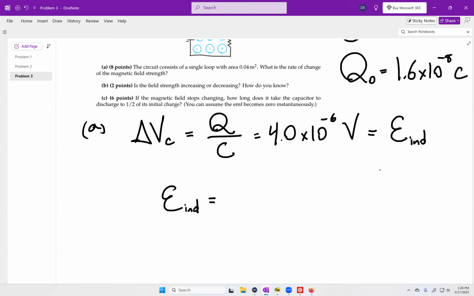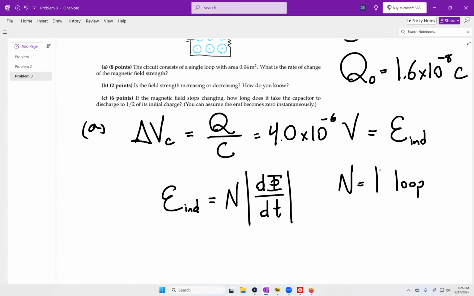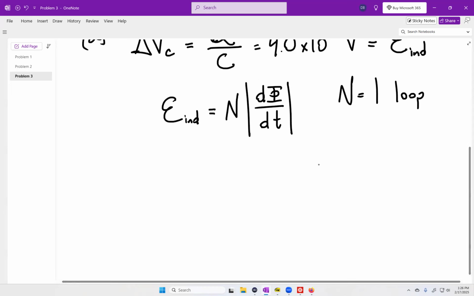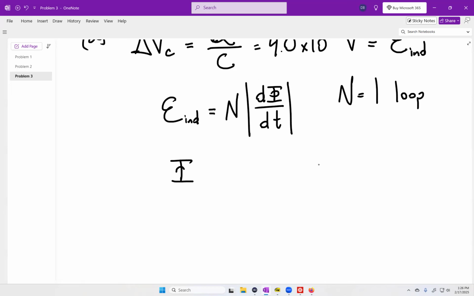Okay. Faraday's law says the induced EMF is N d phi dt. Now N is the number of loops in the circuit, and the problem tells us we just have a single loop, so N is equal to 1. Phi is our magnetic flux, B times A, and the area is not changing here.